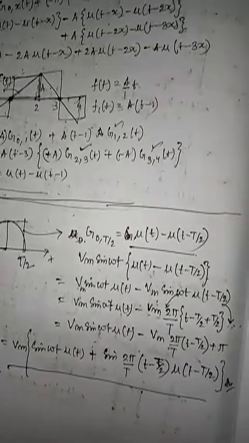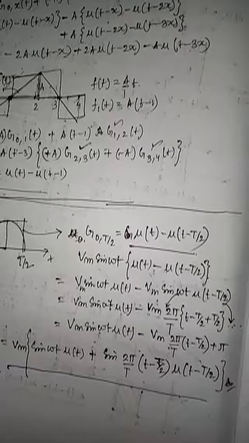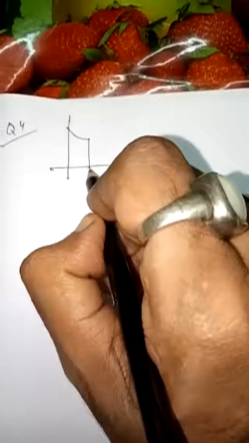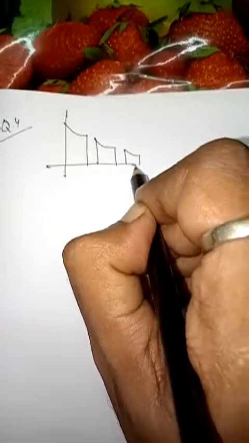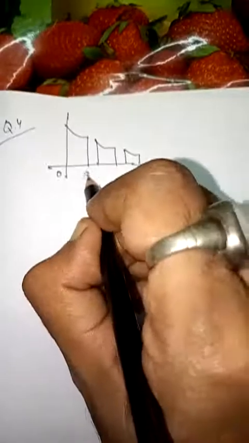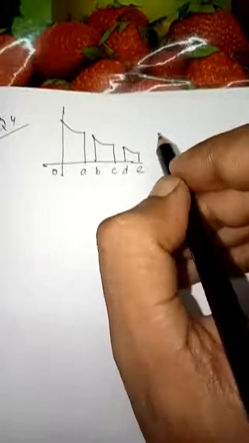Another question we may discuss. We can have a few more problems like this. This is question number 4: one waveform is like this. This is 0, this is A, this is B, this is C, this is D, this is E. Suppose it is given.